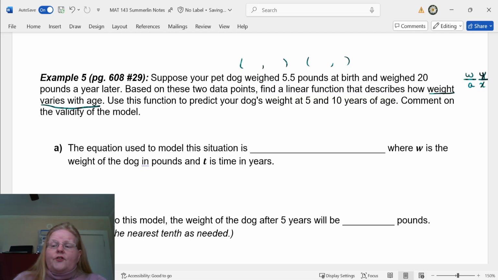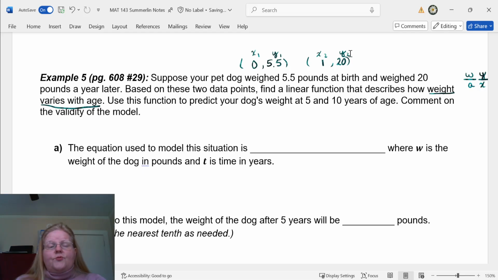Our age of our dog at birth is how old? That's right, 0, but he weighed 5.5 pounds. And 1 year later is going to be age of 1 year and weighed 20 pounds later. So these are our two data points. This is our x and our y, and our x and our y. So this is our x1 and y1, x2 and y2.